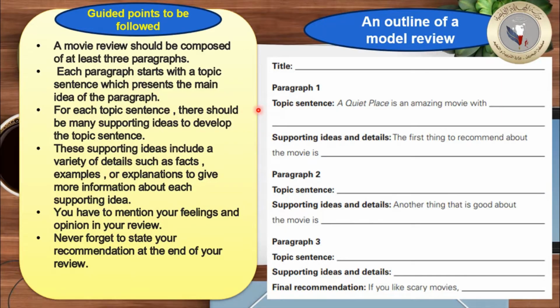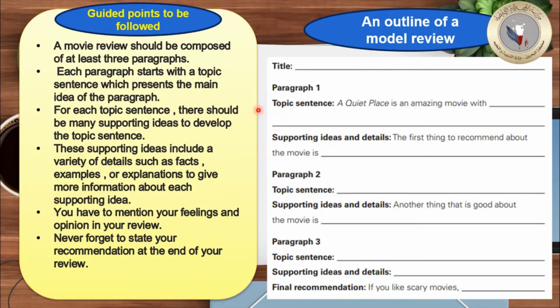For each topic sentence, there should be many supporting ideas to develop it. These supporting ideas include a variety of details such as facts, examples, or explanations to give more information about each supporting idea. You have to mention your feelings and opinion in your review.